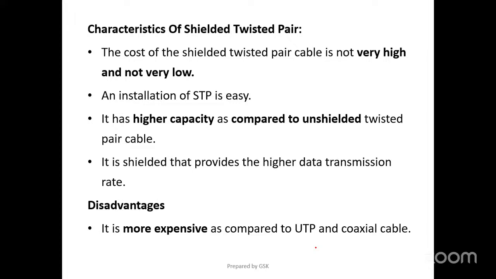Because it is shielded, it provides a higher data transmission rate. The disadvantage is that it is more expensive compared to UTP because it maintains some type of shielding. That's why it is a bit more expensive than the unshielded.